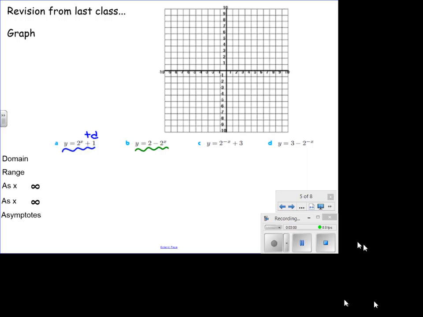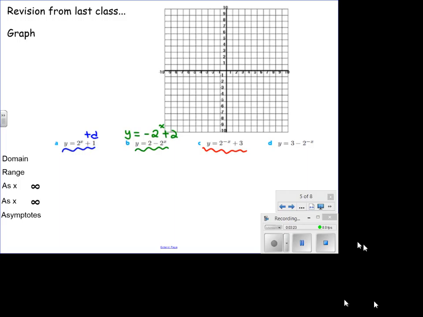And notice this one I could rewrite, just to make sure I'm noticing that the negative is your coefficient, the 2 is your base, and then you have this additional 2 that's added on to the end. So don't hesitate to rewrite your function if you can write it in a way that's a little bit clearer for you. I'll use red for the C graph.